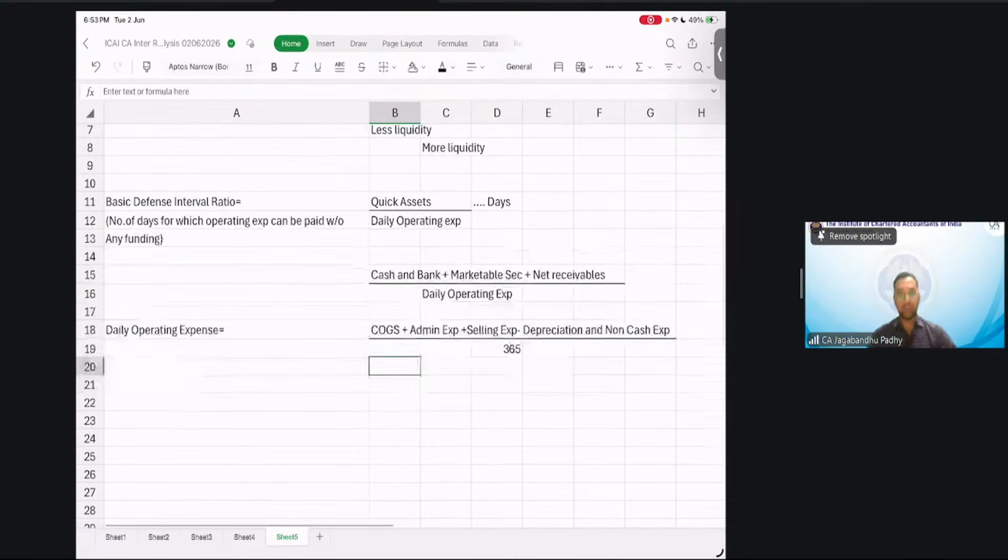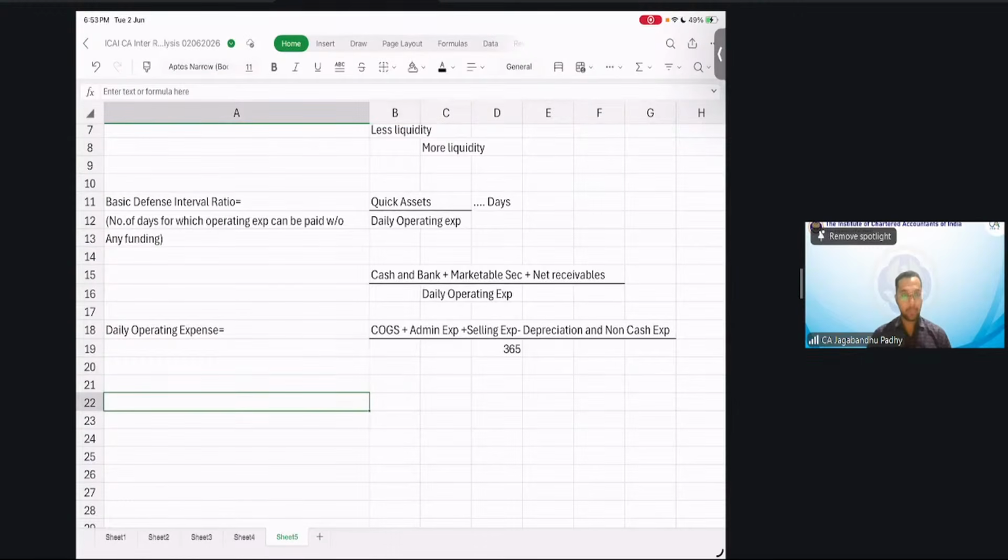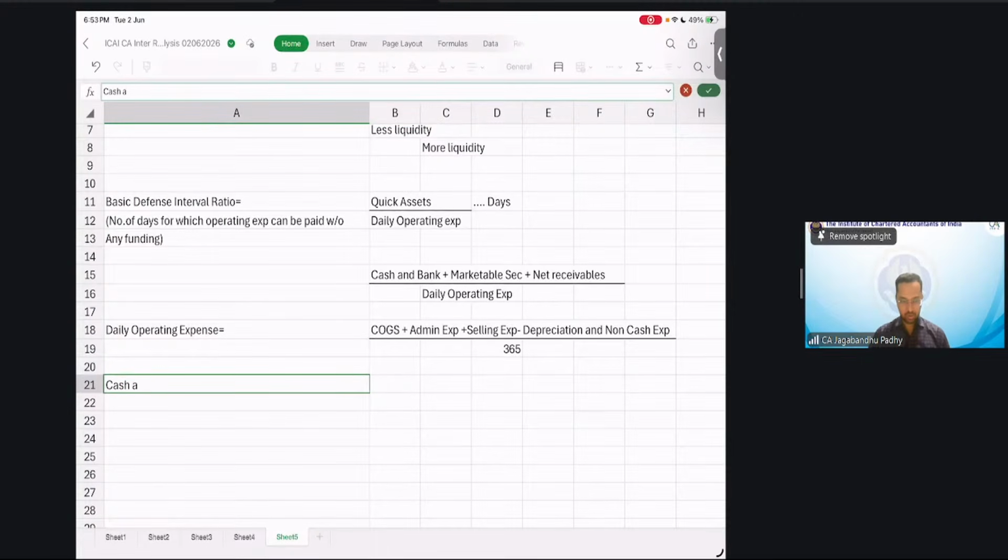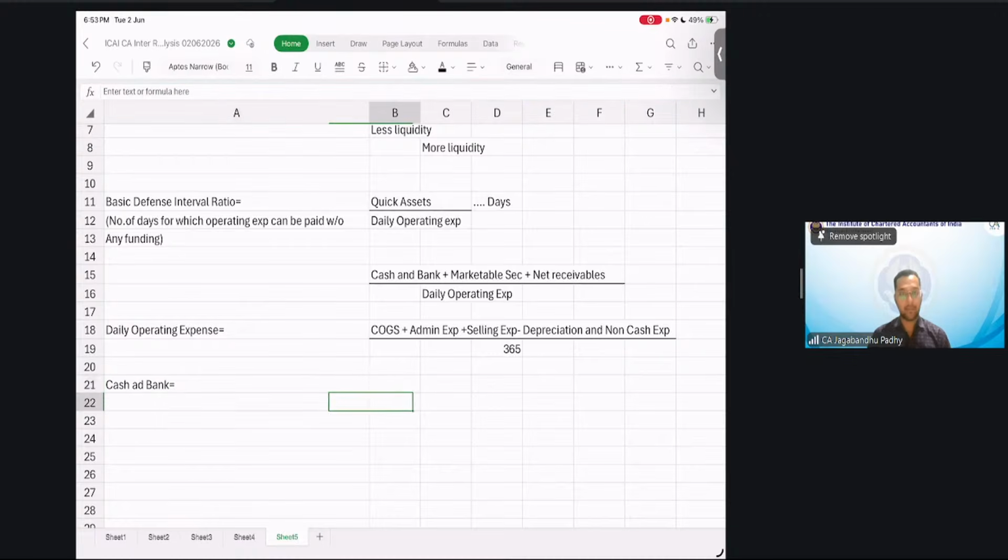Okay, fine. Let me just give you a quick question. Suppose cash and bank balance is 20 lakhs.